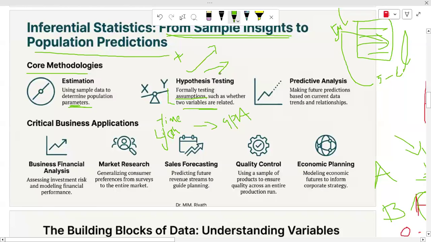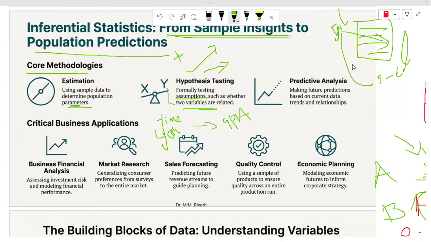It's my generalization. Right? This is hypothesis testing. Hypothesis means assumption testing. Actually, technically, assumptions and hypotheses are not the same. Technically, there are differences. You may get the differences clearly in future sessions.